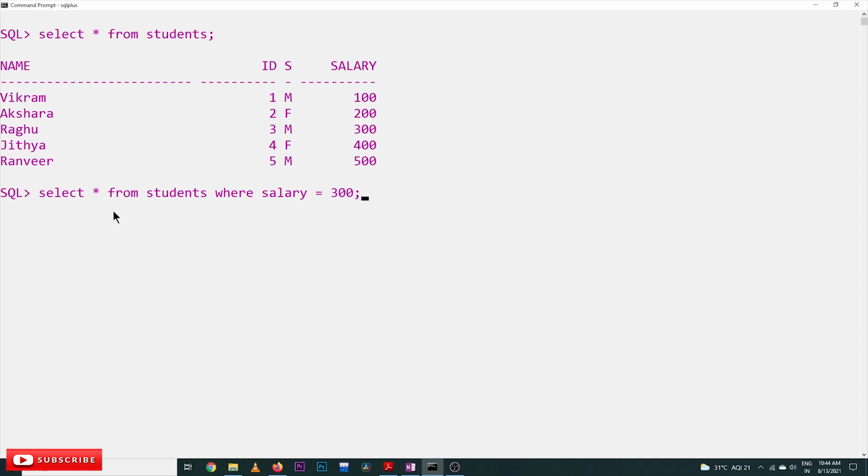Now this is the query with the use of a single value test operator. Here salary is equal to 300. As we have discussed, the SQL will get executed line by line. Wherever the value of salary is equal to 300, those rows will be identified.